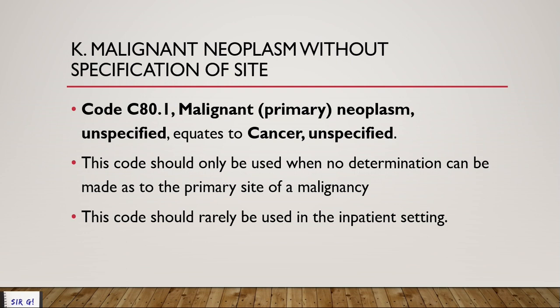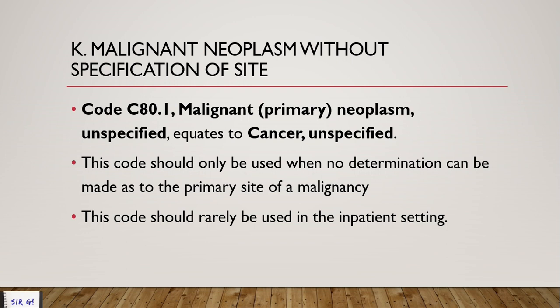Okay, cancer of the esophagus. Remember, there are different parts of your esophagus. They need to specify that. This code should only be used when no determination can be made as to the primary site of malignancy. Okay, so guys, every time you encounter a secondary malignancy, treatment of secondary malignancy, and they did not specify any primary site for malignancy, you need to use your C80.1.